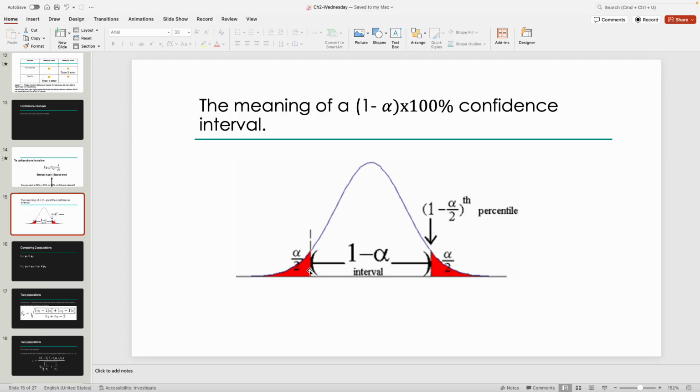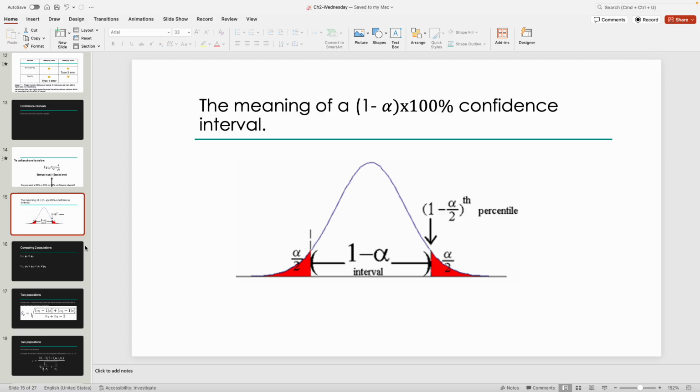There's 5% in each tail, so there's a 5% chance that it's bigger than the upper value of your confidence interval, and a 5% chance that it's less than the lower value of your confidence interval. That gives you important pieces of information as to how rare those values could be that you're seeing.